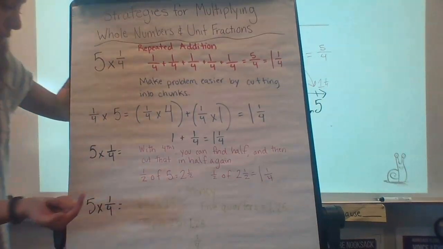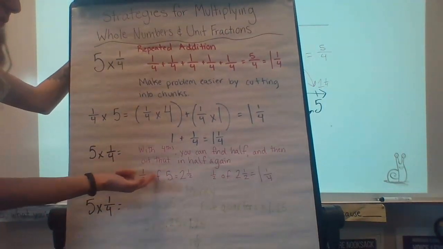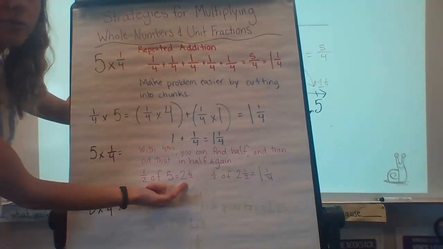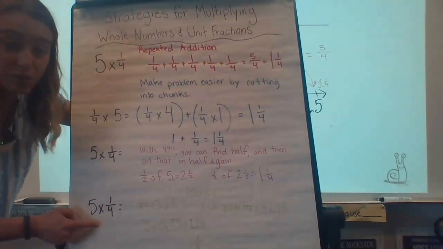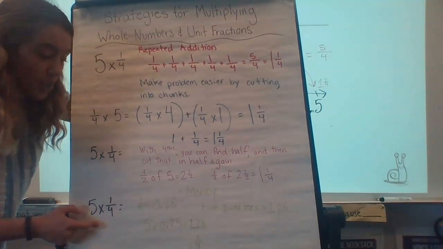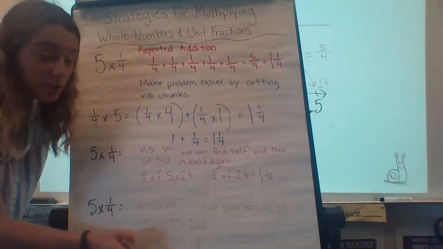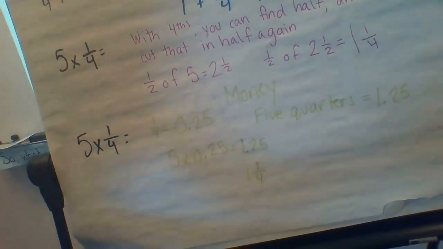You can, with fourths, half it, half of 5, and then half again. Half of 5 is 2 1/2. Half of 2 1/2 is 1 and 1/4. I know you can't see this green down here, but with 1/4, you can also use 25 cents. So you can use a decimal to make it a little easier.